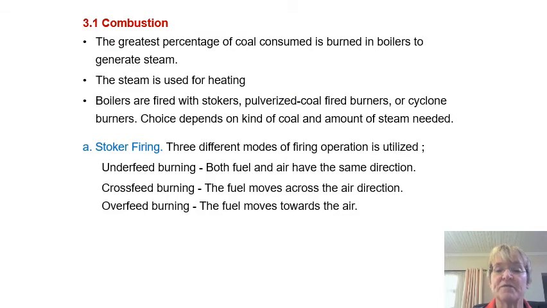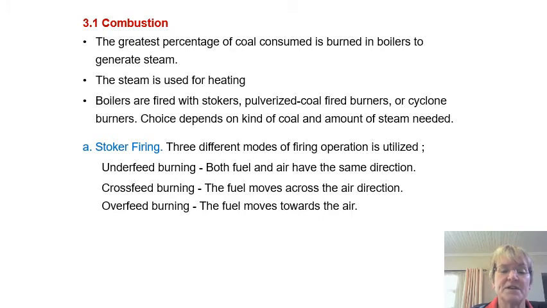Different types of firing are used for the combustion. Stoker firing is used for bigger lumps of coal. The stoker firing is referring to the way the fuel, the coal itself, is entered into the oven.